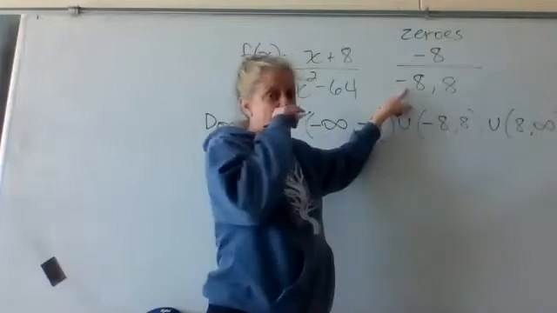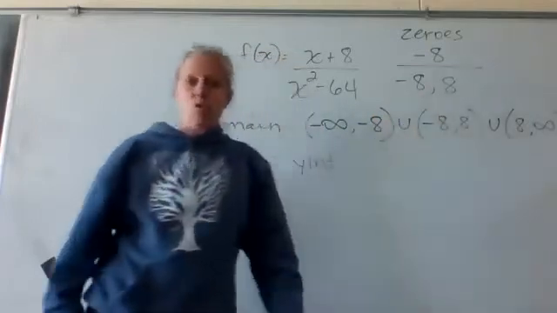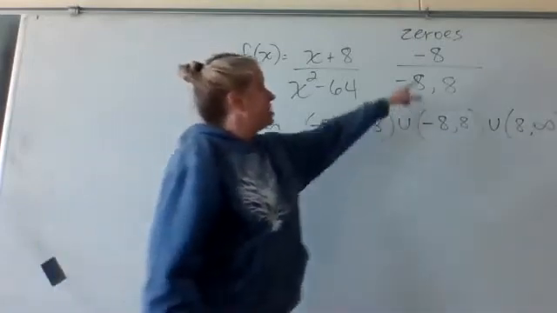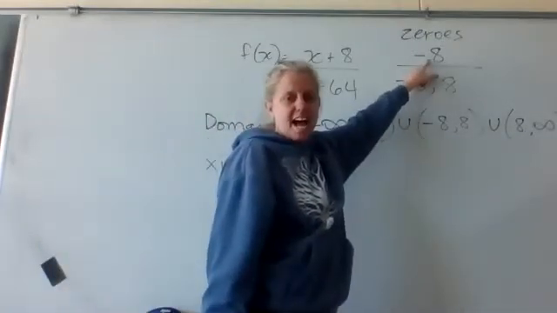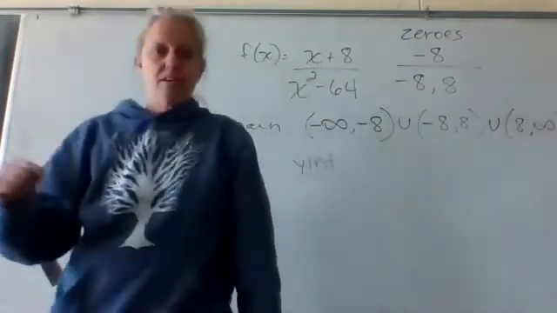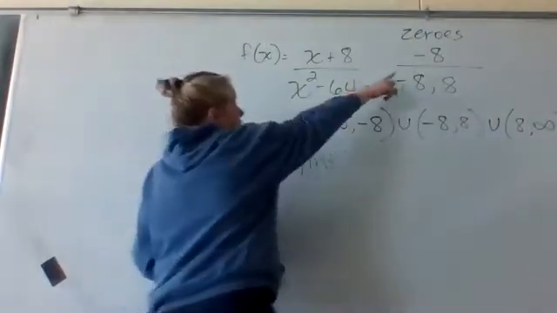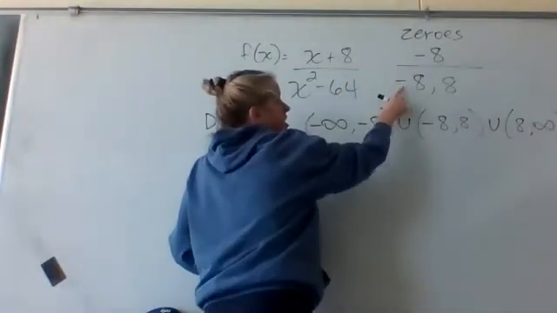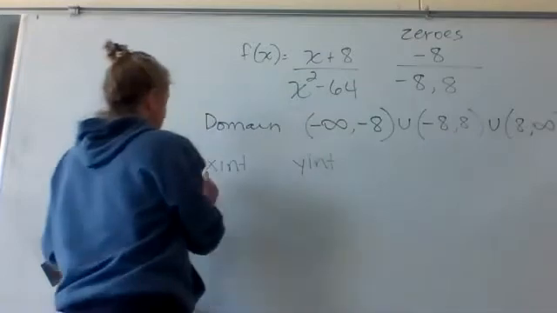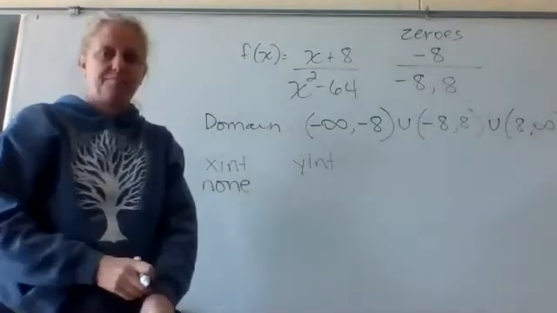That's also a 0 in the denominator. The graph doesn't go through -8 or 8, which means it can't cross the x-axis at -8. Those are not part of your graph, right? They're not part of the domain, which means even though there is a 0 in the numerator, it's also a 0 in the denominator, which means there is no x-intercept.